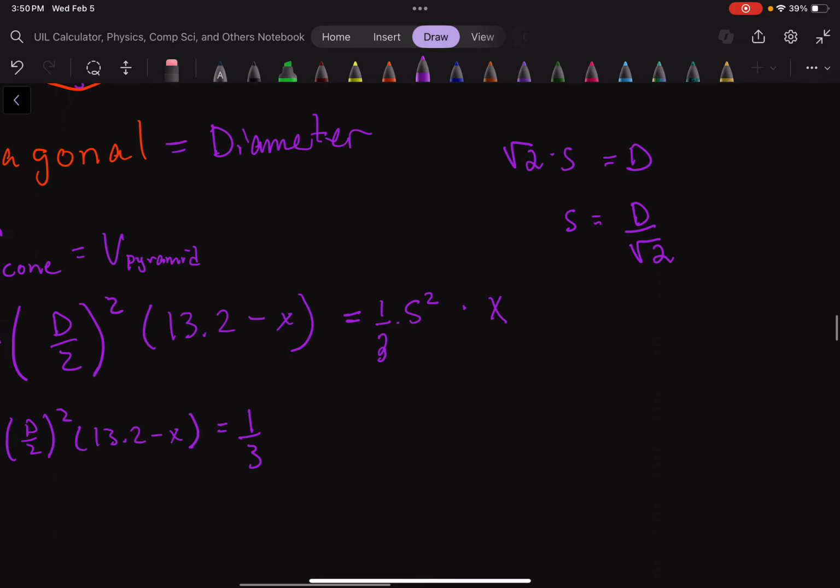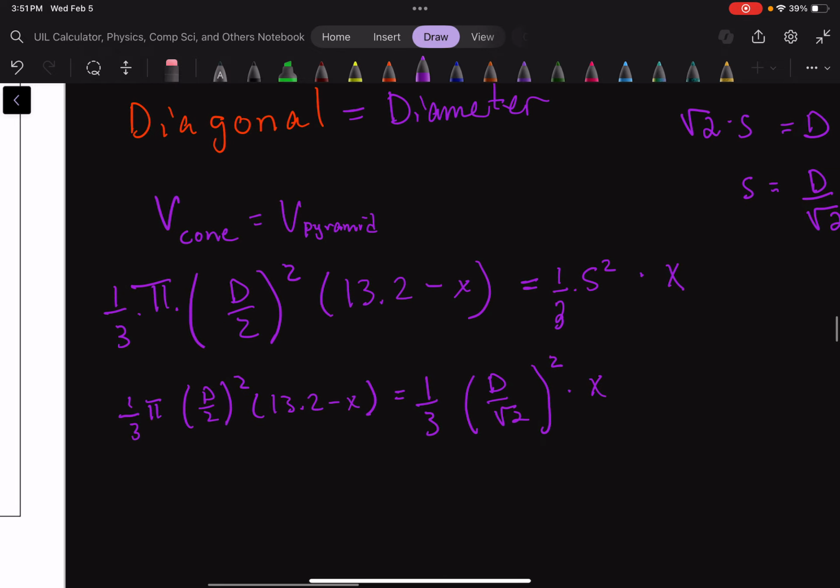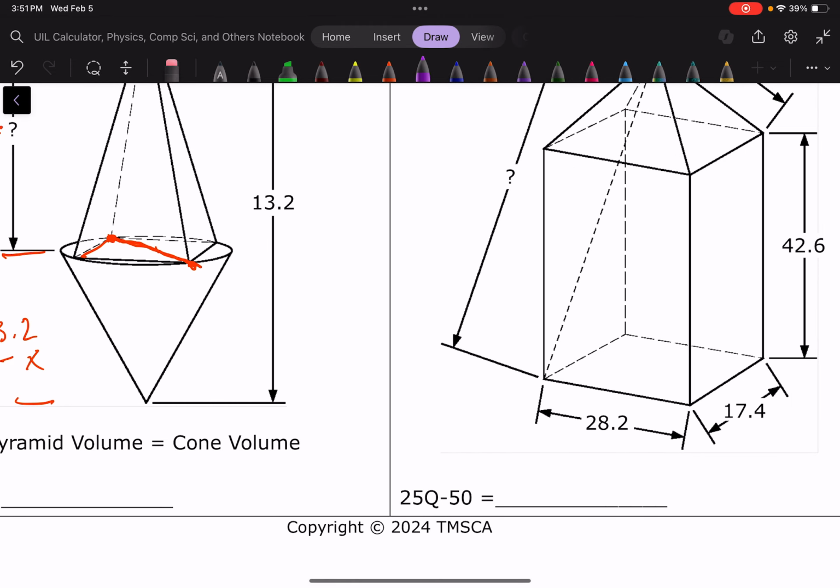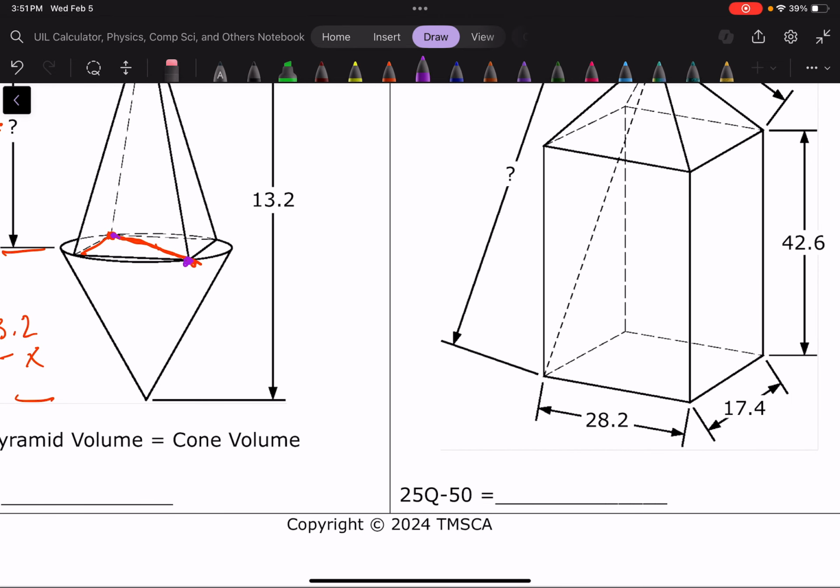So I'm going to put that in here. That's going to be diameter over square root of 2, and then that quantity gets squared times x. All of that, we just throw into our solver, so we're going to solve for x. The tricky part here is recognizing that the diagonal is the diameter, and once you have a relation by that, you can say that the diameter divided by square root of 2 is the side length.